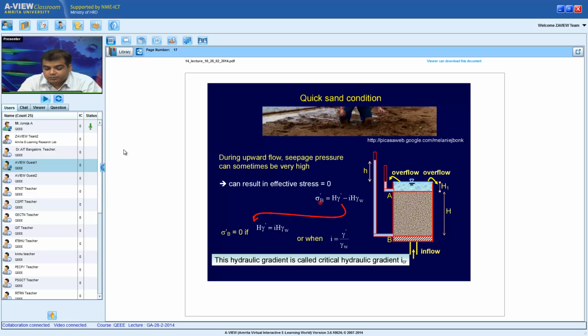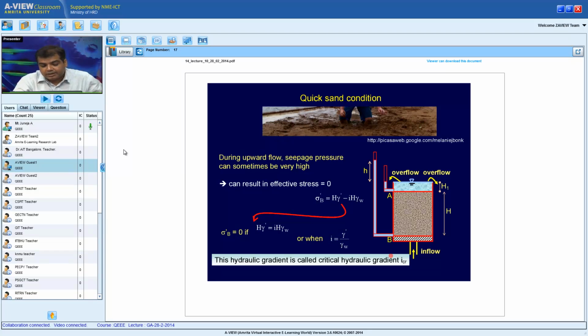So what happens when sigma B prime is 0? Effective stress at B is 0. The right hand side of this equation should be equal to 0. In other words, H gamma prime should be equal to I H gamma W. H and H cancel, and I, the hydraulic gradient, equals gamma prime by gamma water.